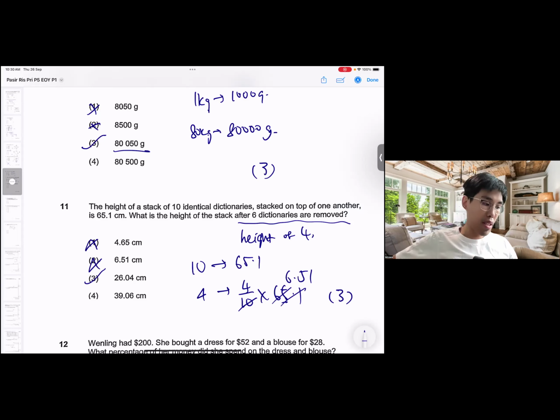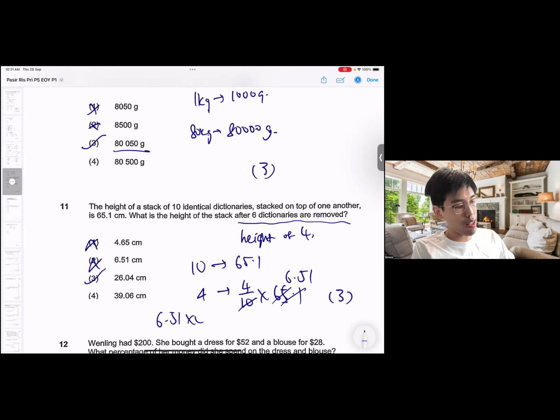Question 26. The reason why we don't do any working calculation here is because I want you guys to actually look at the options and eliminate the ones that are wrong. 4.65 is definitely wrong. 6.51 is definitely wrong. And we are looking at a sum of 6.51 times 4. So 39.06 is way too large, because 6 times 5 is 30. 6 times 4 is about 24.